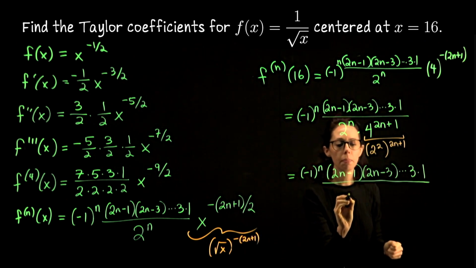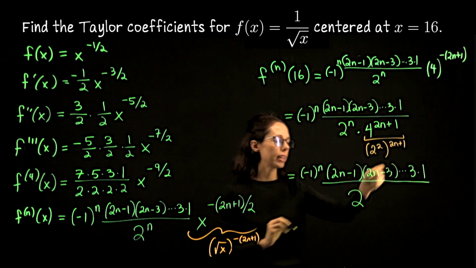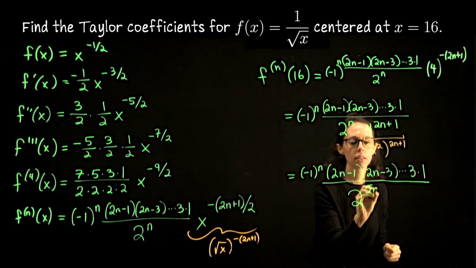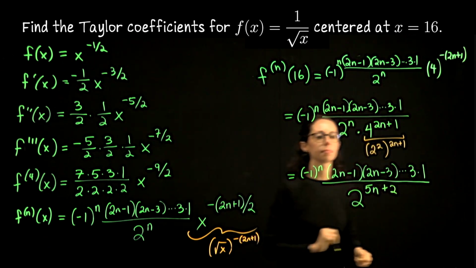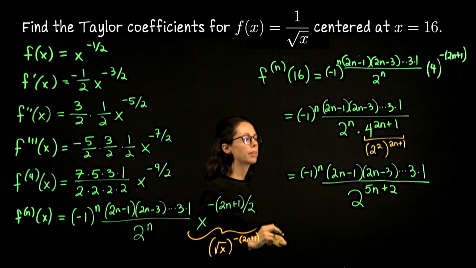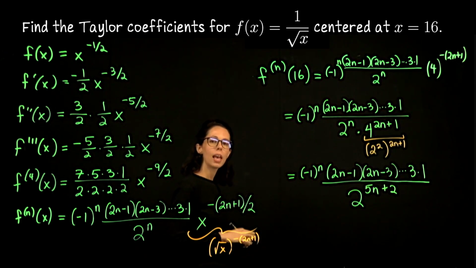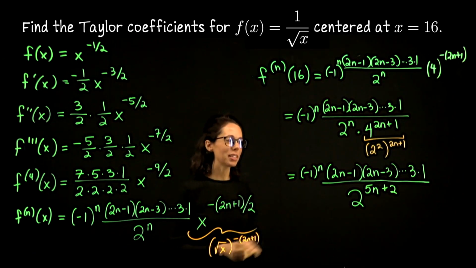I'm going to have base 2, and n plus 4n is 5n plus 2. So 2 to the n times 4 to the 2n plus 1 is the same thing as 2 to the 5n plus 2.